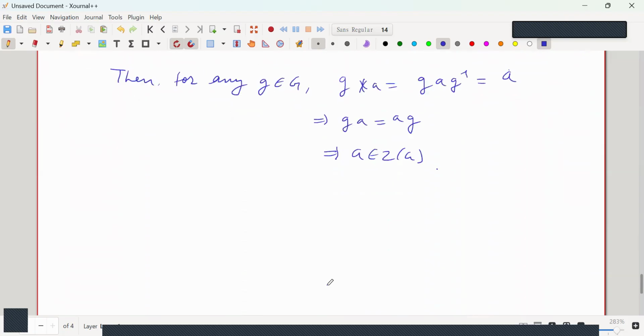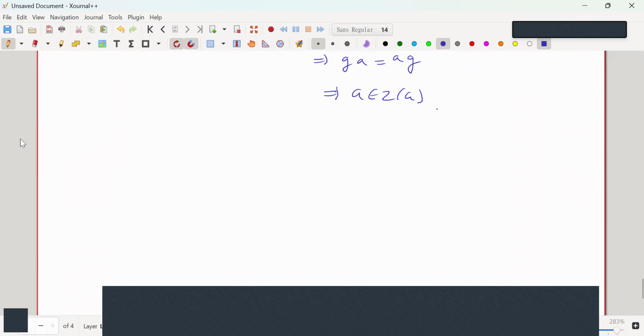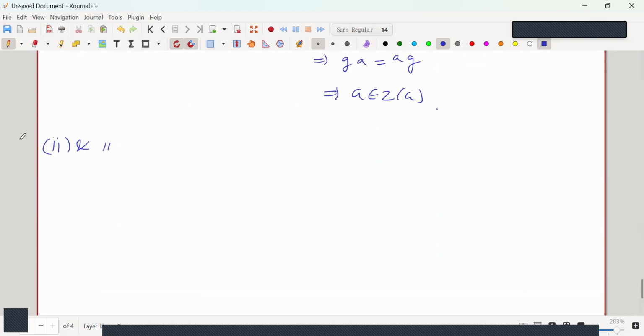Now, all the other parts can be proved using this. In the second and third parts, if G is a cyclic group, let us first prove it without going into the parts.